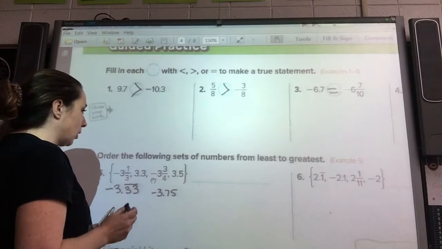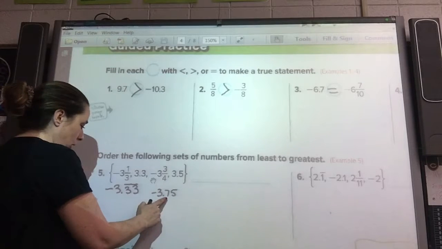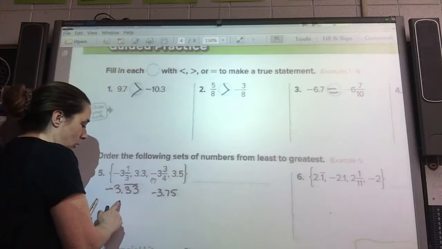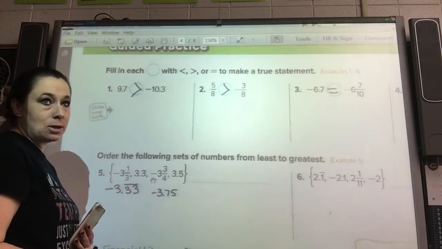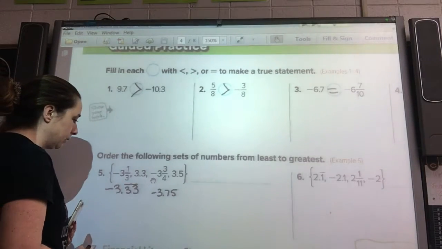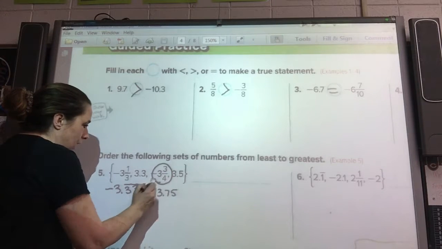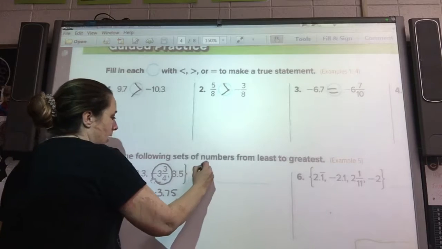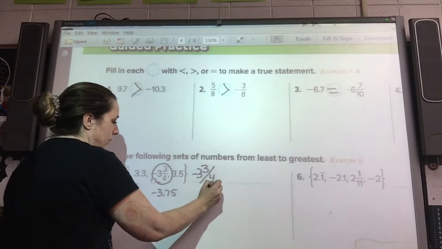So first, if we're going to do least to greatest, we have to do the owing ones first. So these two owe. So owing the most, would $3.33 be owing the most, or $3.75 be owing the most? Right, $3.75. So, but write this original fraction. So the least is negative 3 and 3/4.